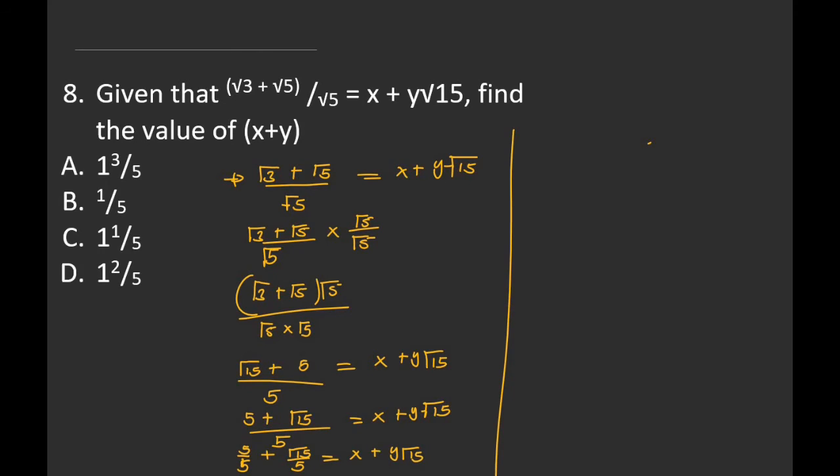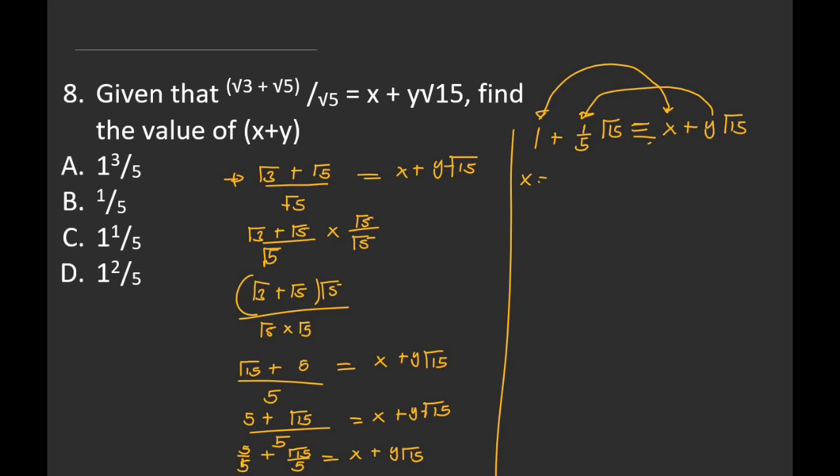Now 5 over 5 is 1, plus root 15 over 5 can be written as 1 over 5 root 15. Now if you compare this to the right hand side where we have x plus y root 15, then you can easily see that x is equal to 1 and y is equal to 1 over 5.